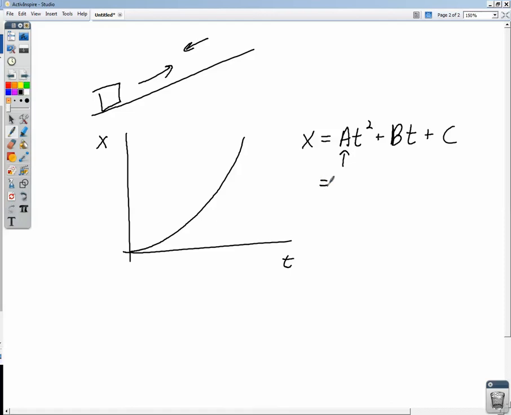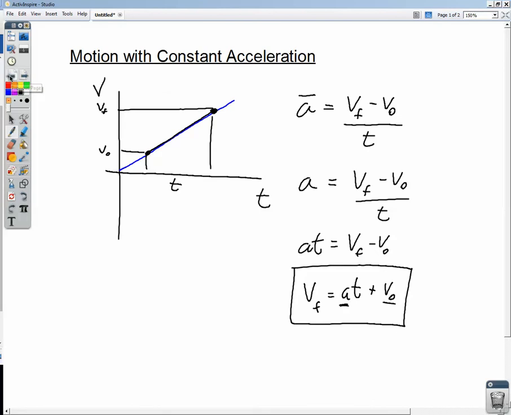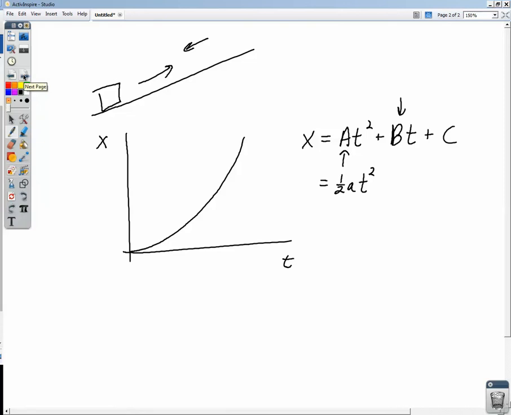So I can rewrite capital A as half of the acceleration times time squared. In that investigation, we also saw that this coefficient b in the parabola perfectly matched the y-intercept from the velocity graph. So we can rewrite b as v naught times time, and the c is wherever we started, which is the initial position, x naught.